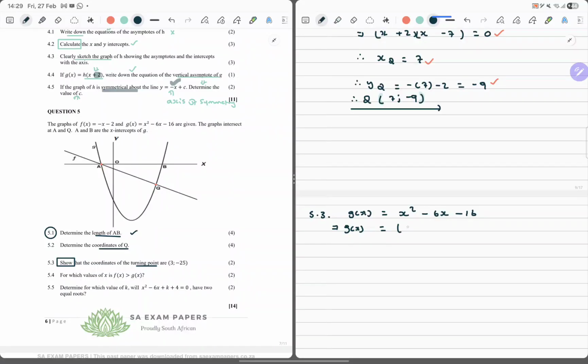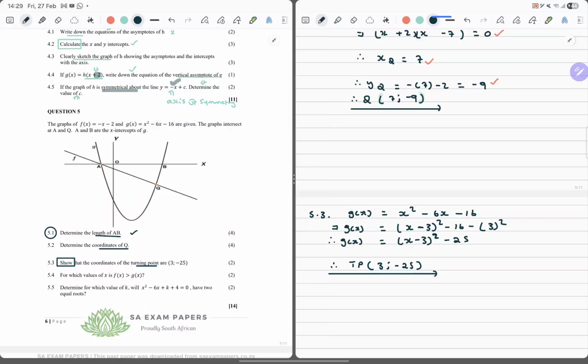So this is going to be x minus half of 6, which is 3. We then square this: -16 - 3² immediately. Therefore g(x) is (x - 3)² and this is going to be -16 - 9, which is -25. Therefore the turning point is going to be (3; -25).